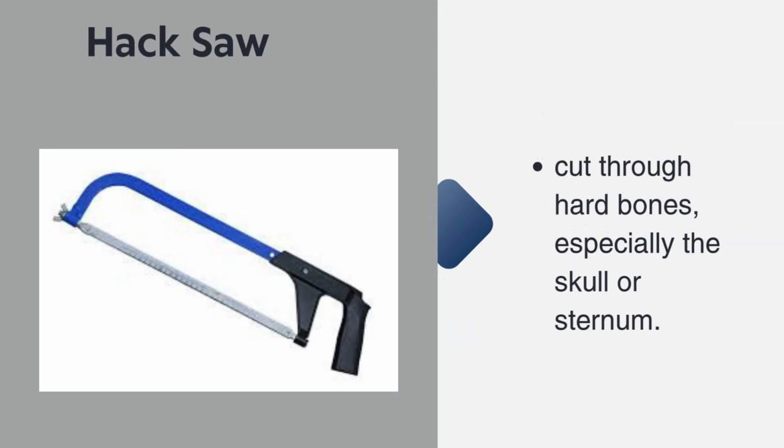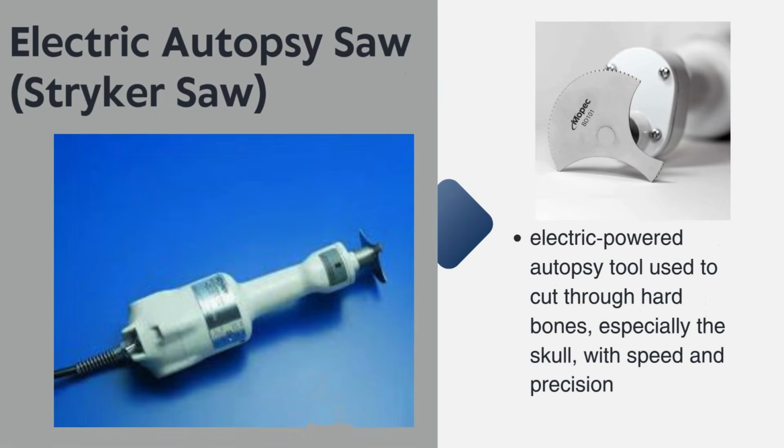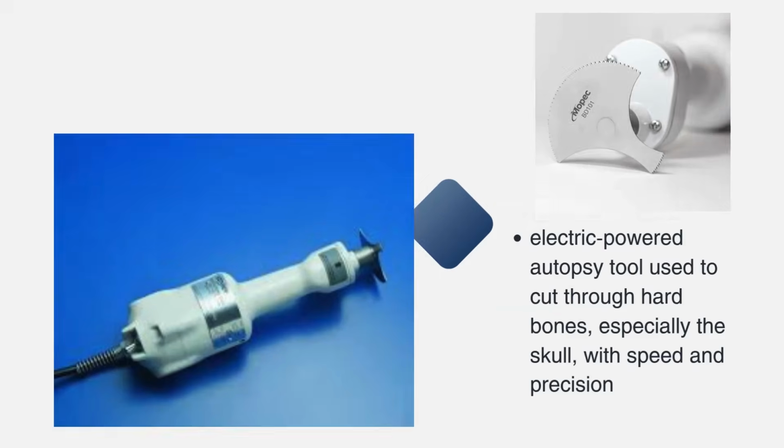Now, hacksaw. It is a manual saw with a fine-toothed blade used to cut through hard bones like the skull, sternum, or long bones, especially in setups where power tools are unavailable. Now, electric autopsy saw or striker saw. It is an electric-powered autopsy tool used to cut through hard bones, especially the skull, with speed and precision.